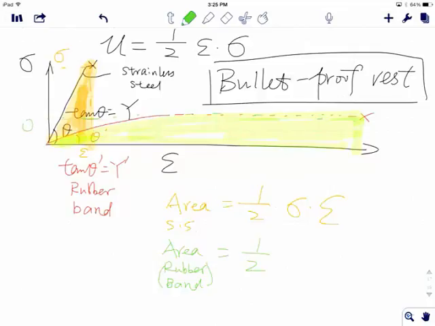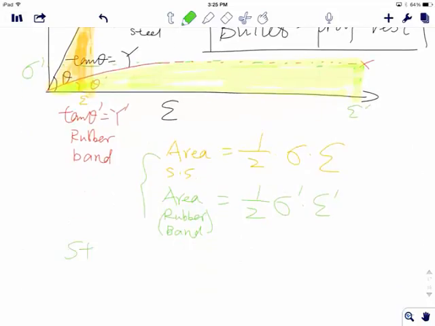That's about equal to 1/2 sigma prime epsilon prime. Right. So this area underneath it is what? Is defined as strain energy.